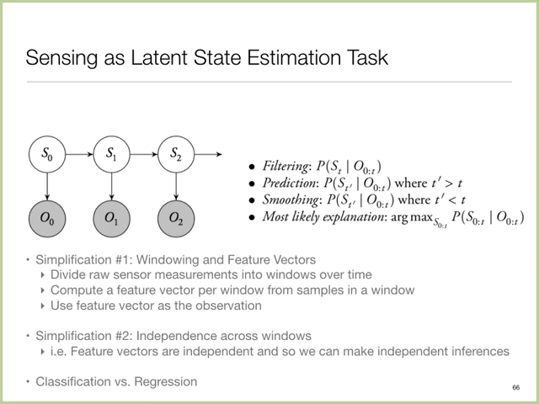Essentially, instead of dealing with observations at a very fine time granularity, and instead of dealing with the raw observations, we begin to deal with these feature vectors, which are computed over longer snippets of time. So we have both a reduction in rate and a reduction in the raw number of samples.